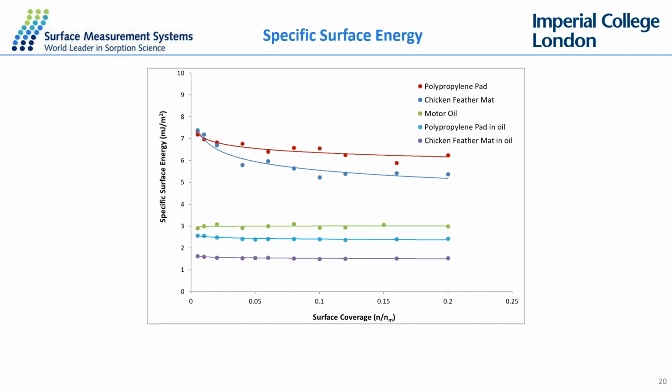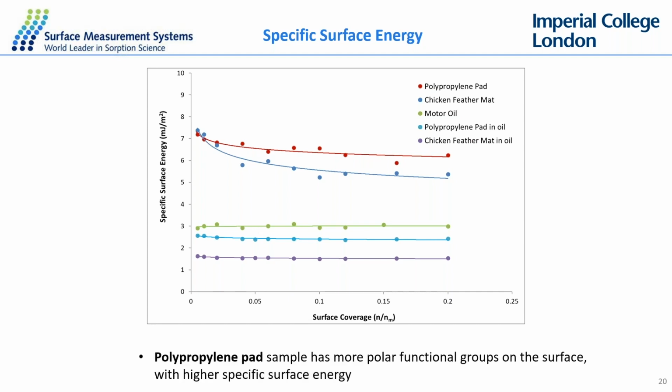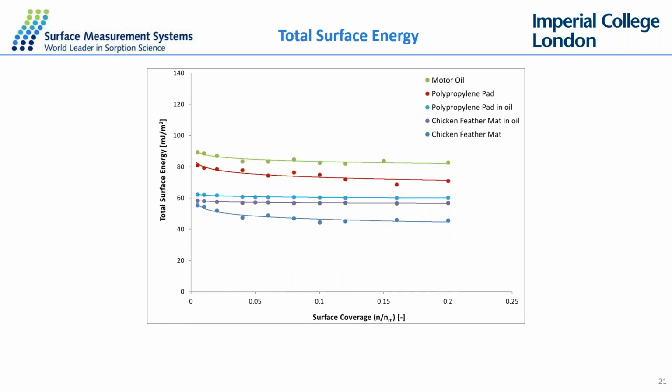That's what we have from our result. For the total surface energy, of course, the highest is still motor oil, followed by the polypropylene pad. So the chicken feather mat, like we see from here, is the most stable compared to all the others.